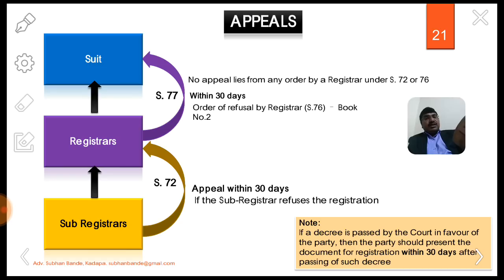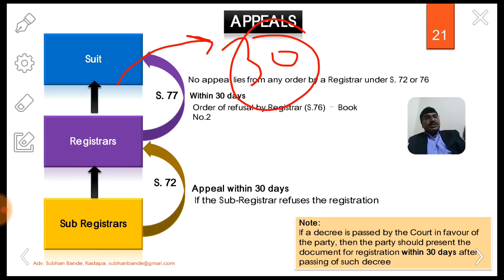Here, after the suit is passed in favor of the party, they need to present the document within 30 days for registration. Here in the first appeal, if the registrar passed a decree for registration against the refusal of registration by the sub-registrar, the parties need to present for registration within 30 days.